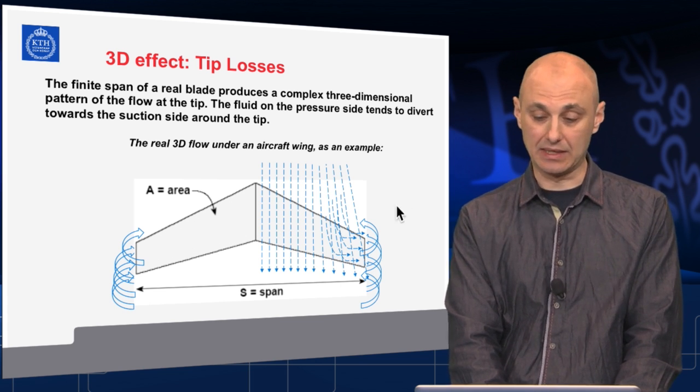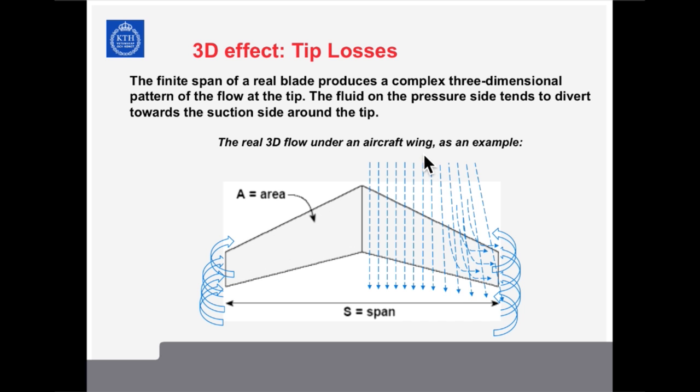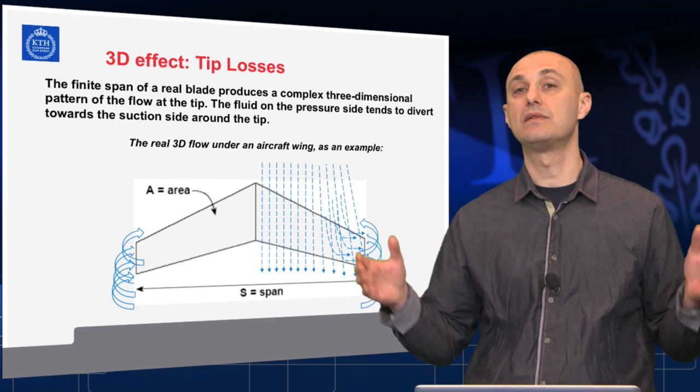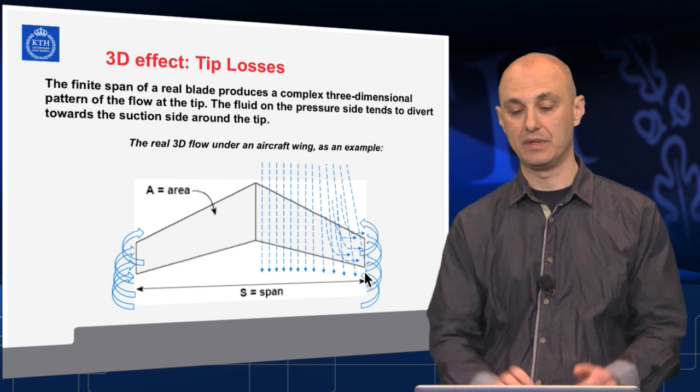It's a pathetic attempt. What happens, looking from the belly of an airplane wing or any kind of common wing, air flows along the wing, both below and above it. The wing finishes somewhere. It has a finite length.